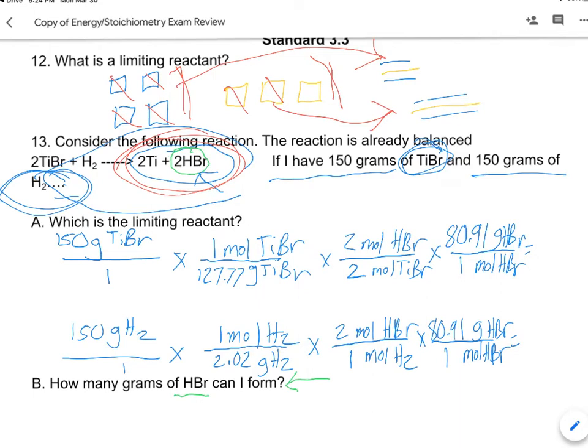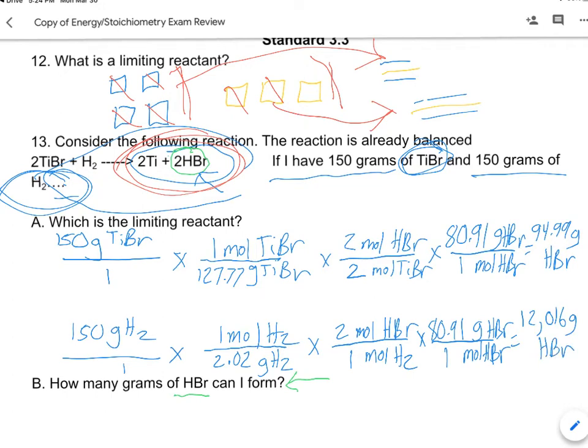So multiply the whole top, multiply the whole bottom, divide the top by the bottom, and so I will get 94.99 grams hydrogen bromide here, and I will get 12,016 grams of hydrogen bromide here.